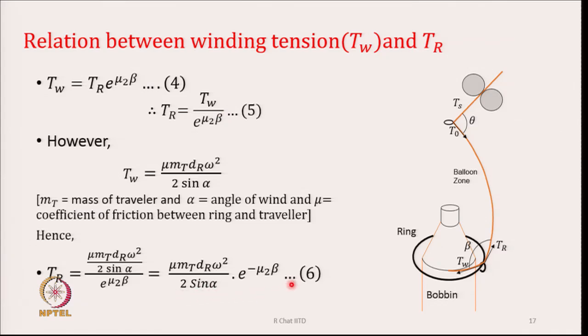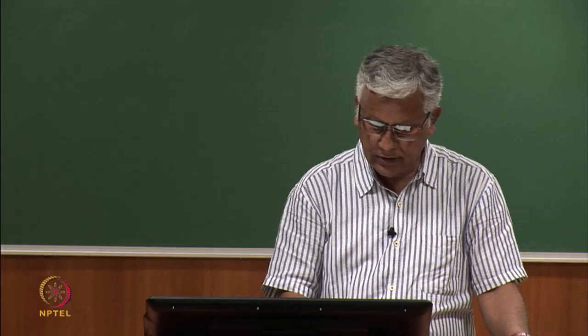That is my Tr. So in Tr, Tw is replaced by the parameters related to the weight of the traveler, diameter of the ring, the speed with which the balloon is turning, and the angle of wind. This is the equation.